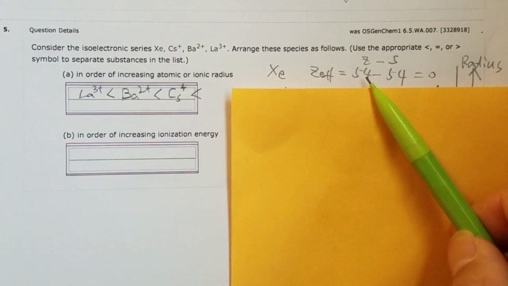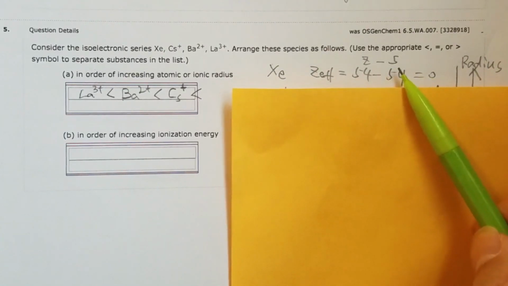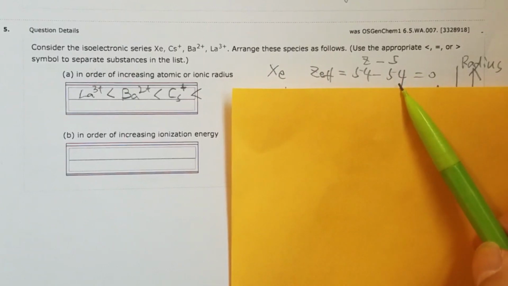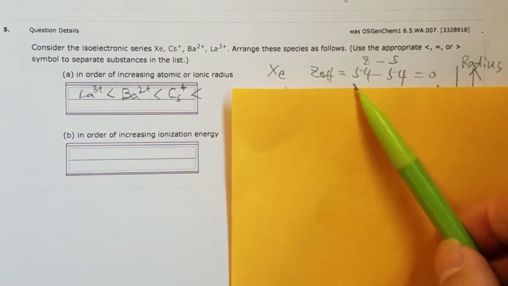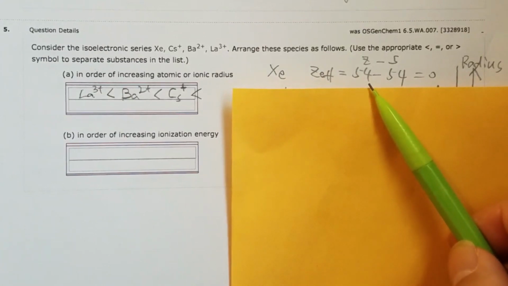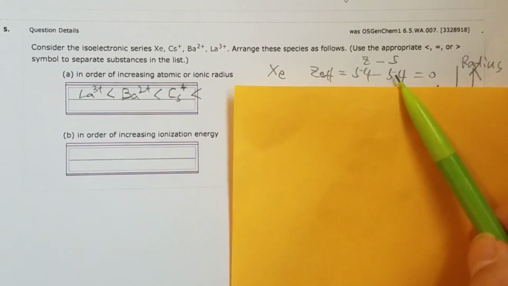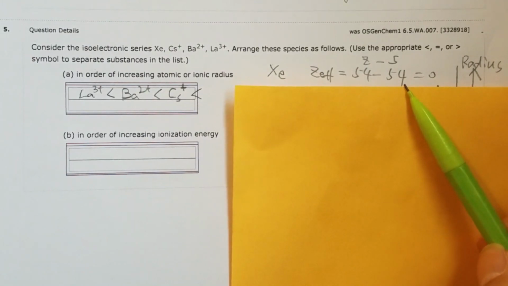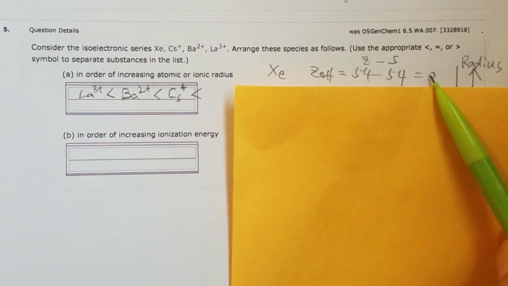For xenon, atomic number is 54, and then S is the number of core electrons. Since xenon's electron configuration is fully filled, all of the orbitals, so therefore all 54 they are actually core electrons. So therefore that should be 0.